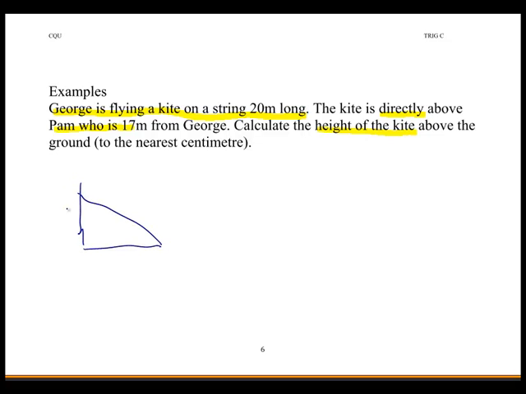Now the advantage of the picture, it justifies how you're going to solve for it. If you think there's any assumptions there, that the ground's horizontal or whatever, you can state them. But sometimes just doing the diagram will justify how you've solved this problem.